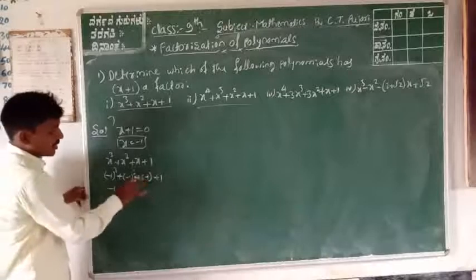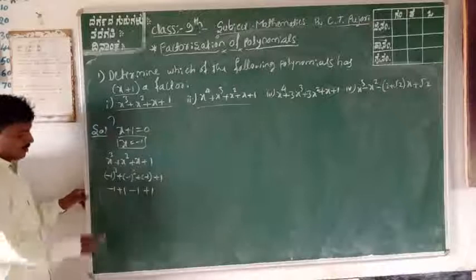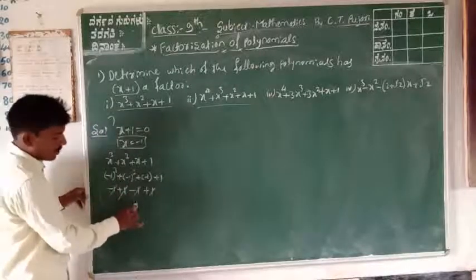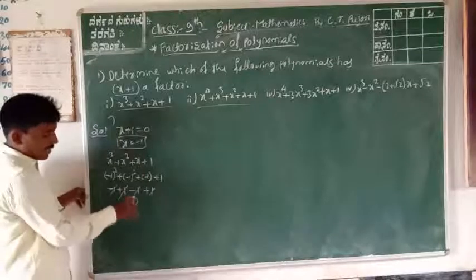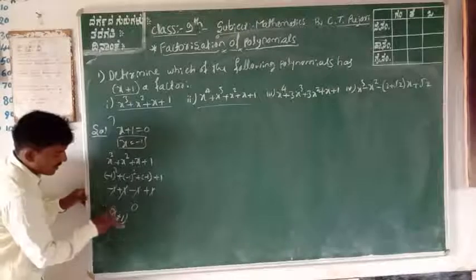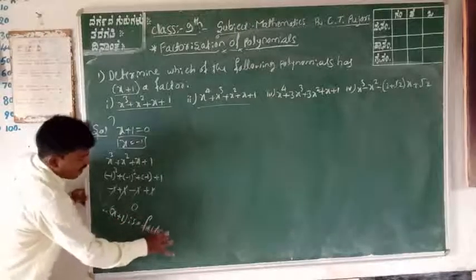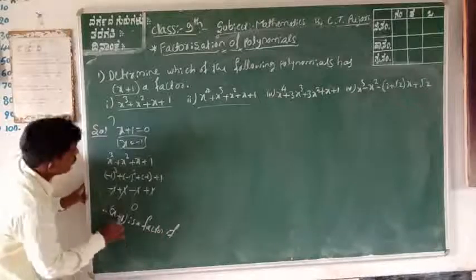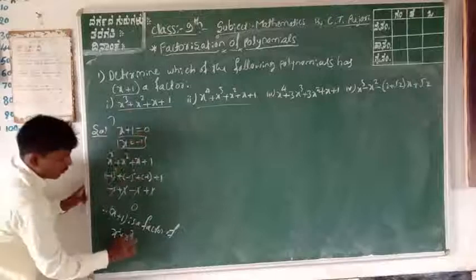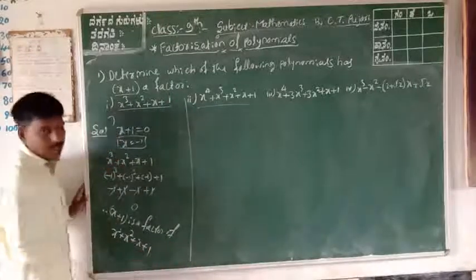So it is minus 1 plus 1 plus minus 1 plus 1. Minus 1 plus 1 cancel, again minus 1 plus 1 cancel. The answer is 0. When the answer is 0, x plus 1 is a factor of x raised to 3 plus x raised to 2 plus x plus 1. The first one is over.